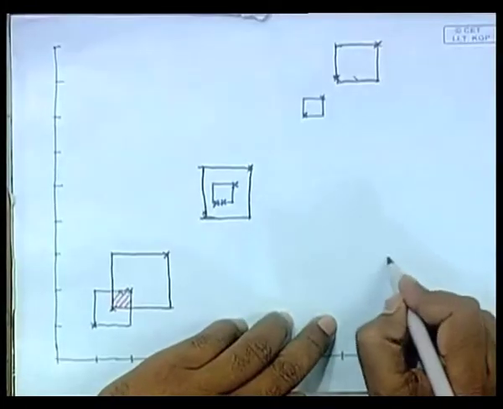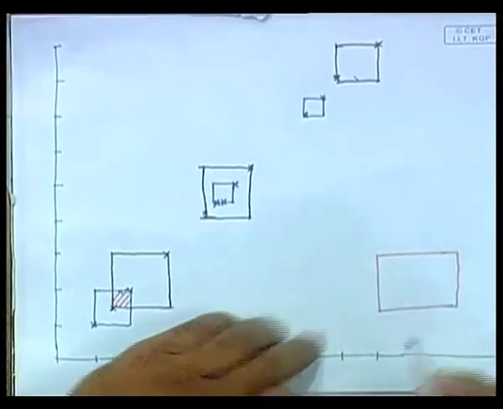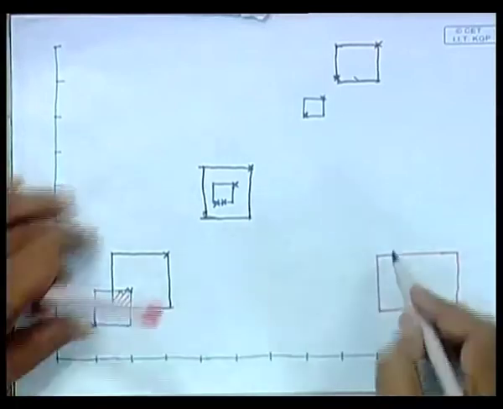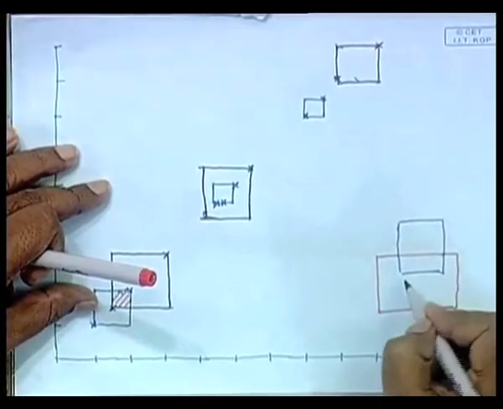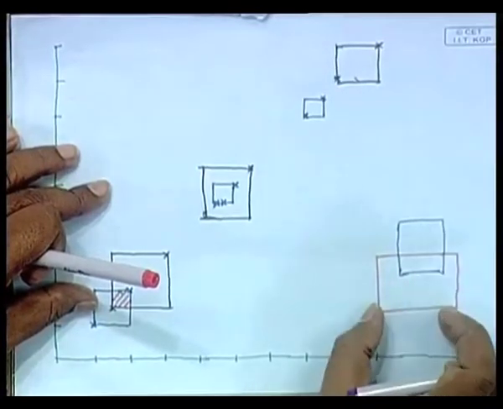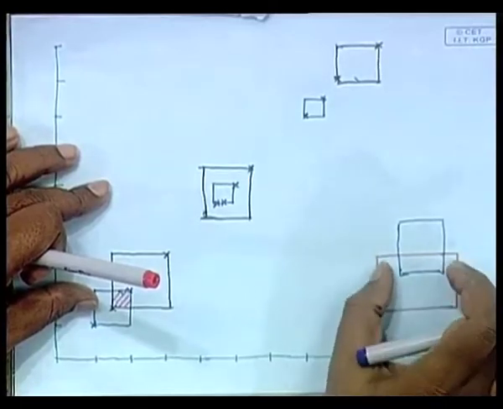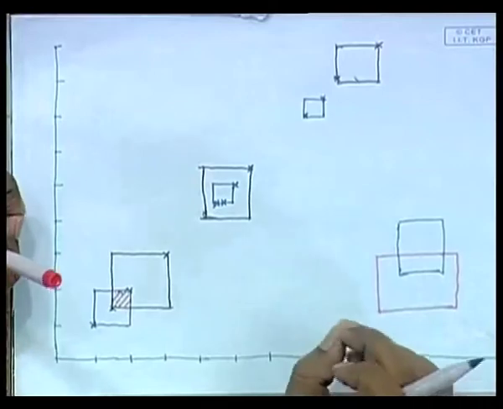Suppose I have one hyperbox like this belonging to one class, and another hyperbox like this which belongs to another class, where this hyperbox is not fully contained within the other, it is partially contained, but still it is containment, because one of the dimensions is contained in the respective dimension of the other hyperbox.